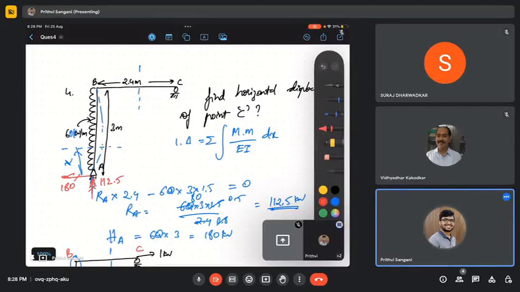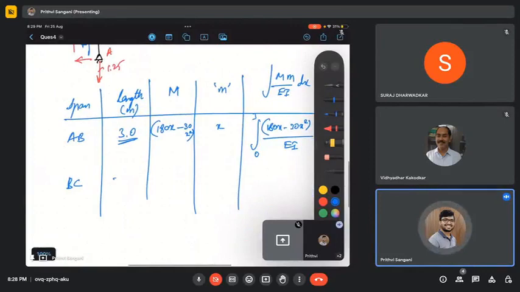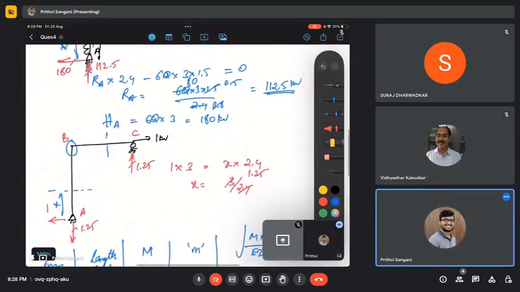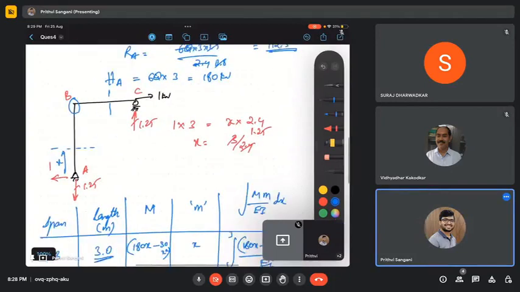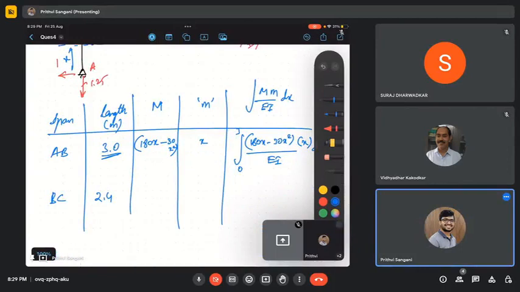For C, it should be 112.5, in this direction, so this is hogging, minus 112.5 times x.